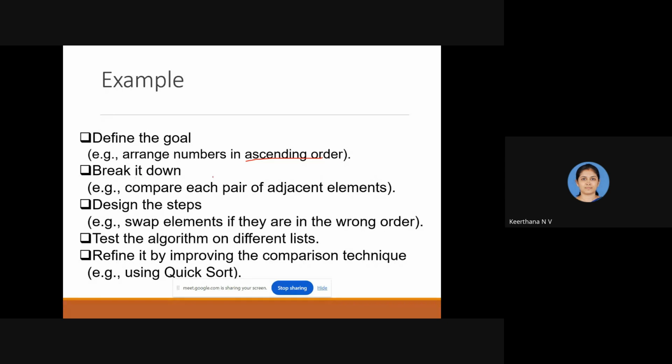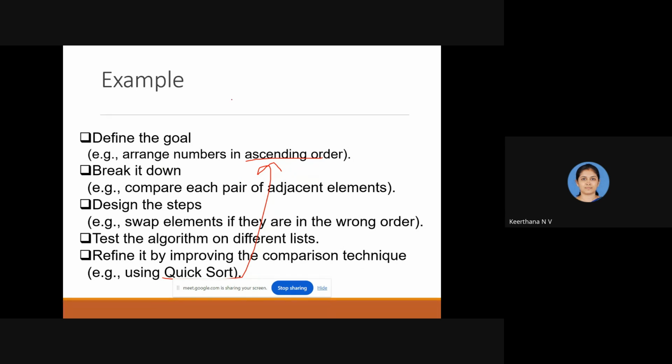Next, if you are dividing the problem into modules, you have to compare the pairs of elements. Here I'm going to use the quicksort technique, applying it on ascending order sorting, which means I am breaking down my problem.